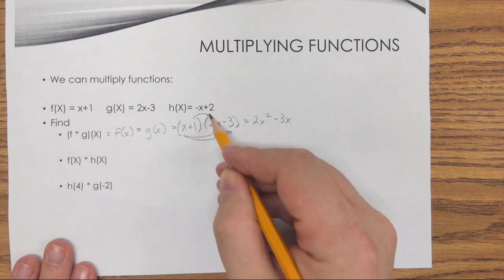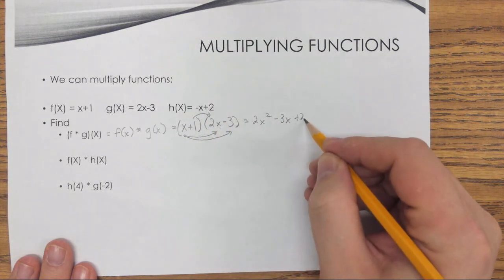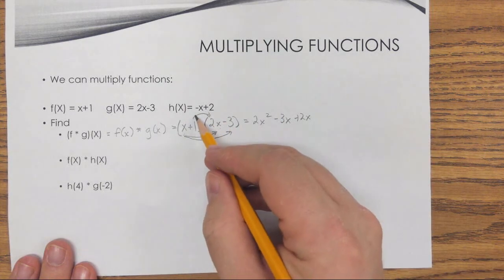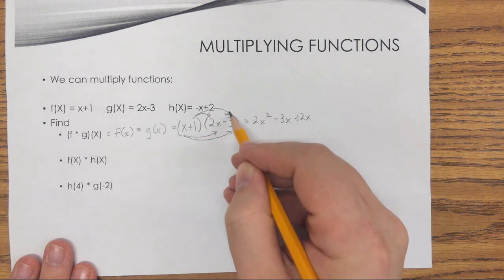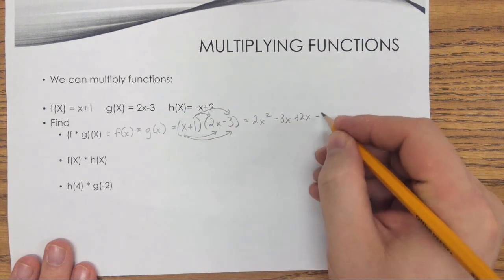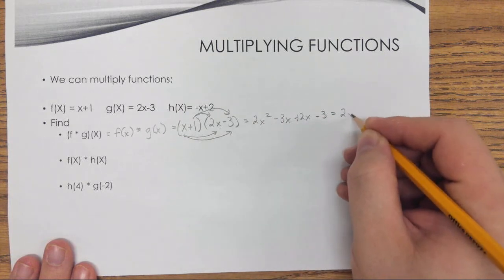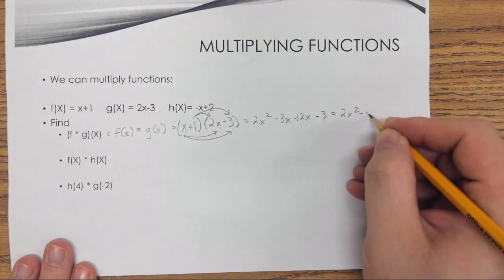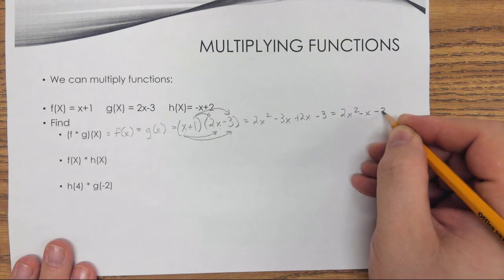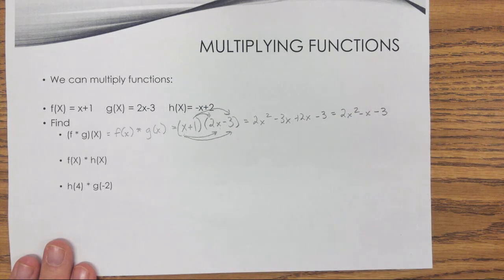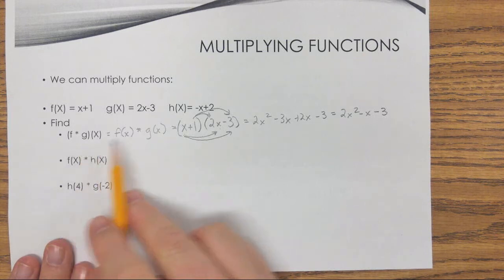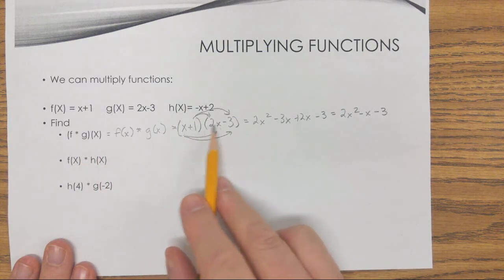Inside, 1 times 2x is plus 2x. And then the last ones, 1 times negative 3 is negative 3. Combine like terms, I get 2x squared minus x minus 3. Okay? Just multiplying these 2 functions together.